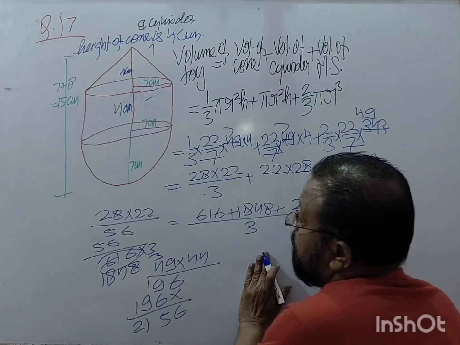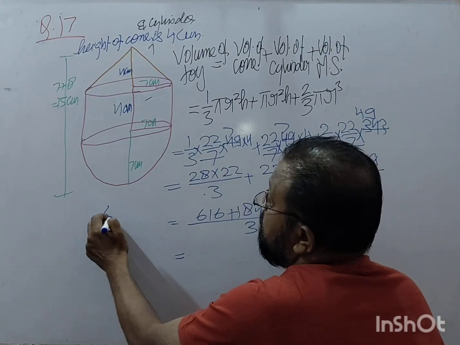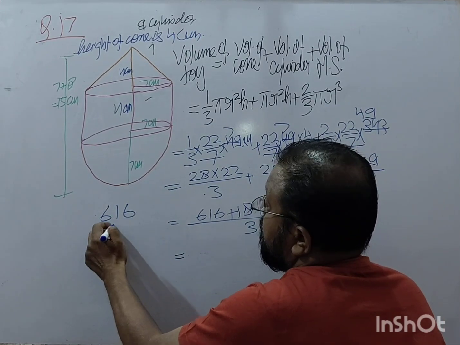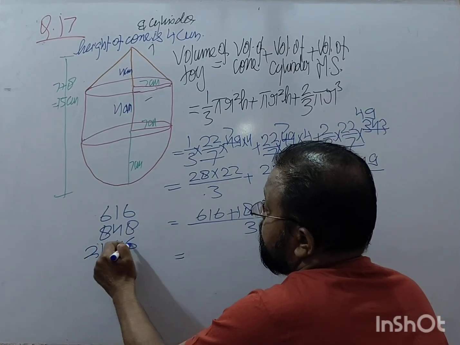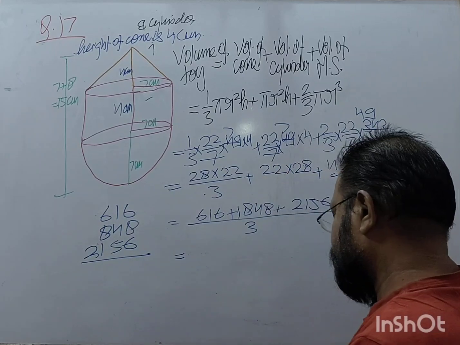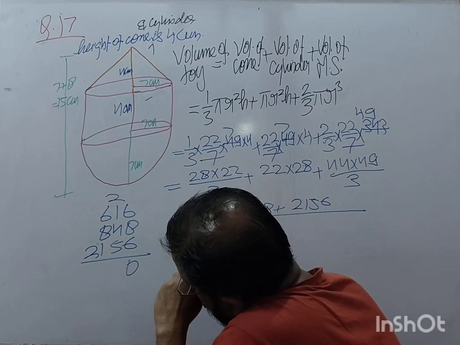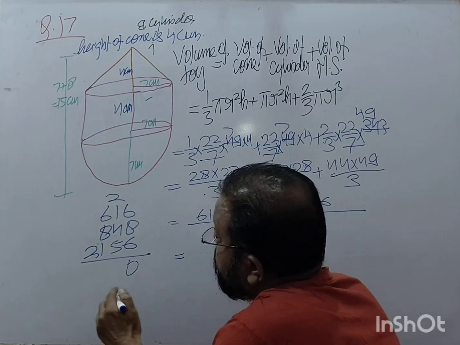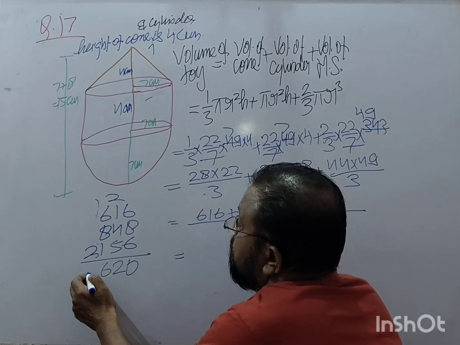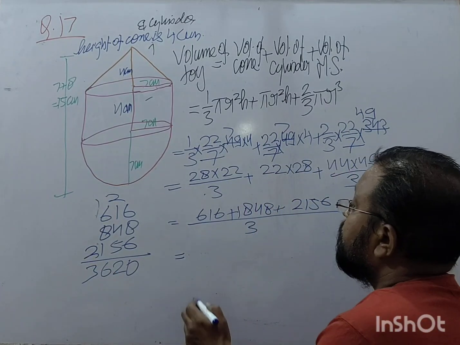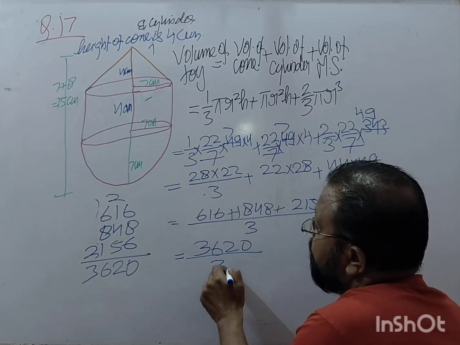When we add all this, then how much will you get? 616, 1848, 2156. Three 620, divided by 3.